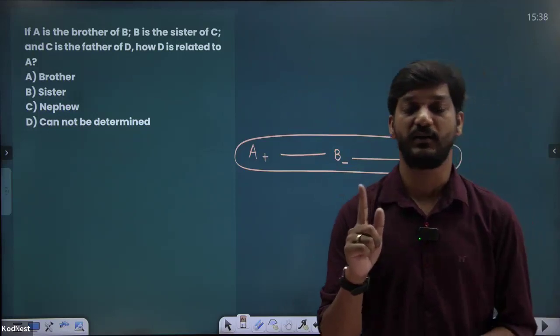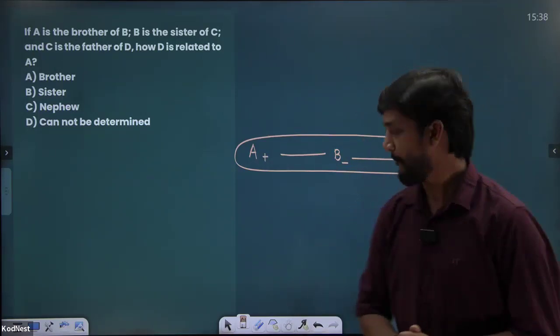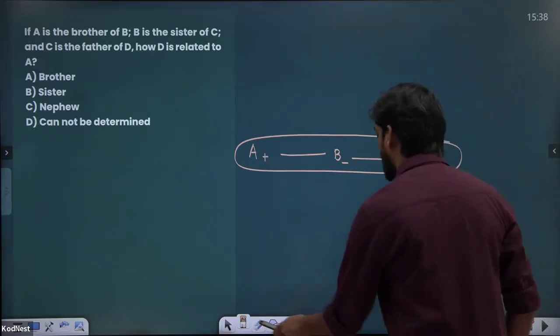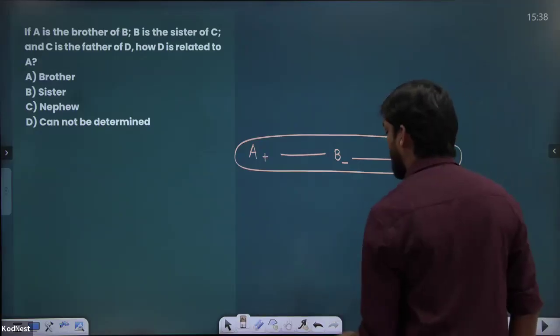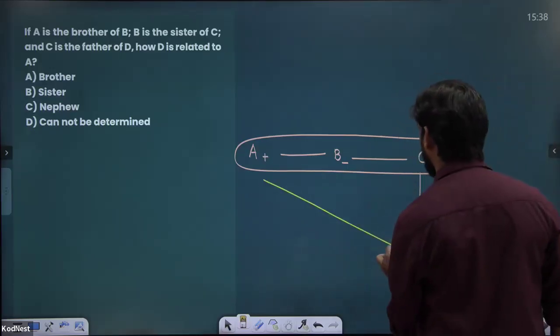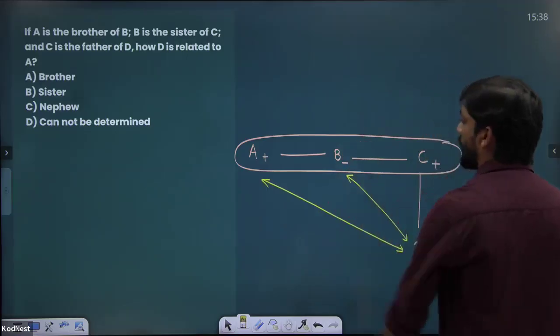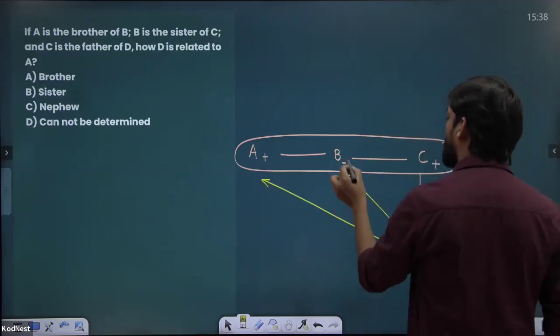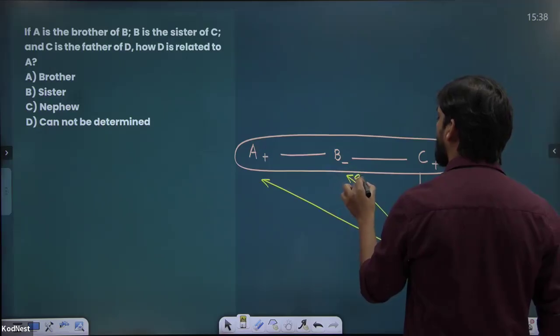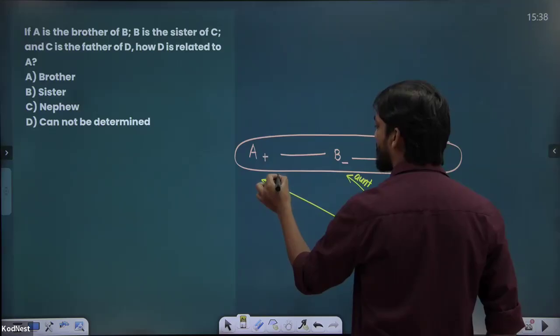So it will be uncle, aunt, nephew, niece relation. Okay, so this is a female person, so I will say B minus is the aunt. And this is a male person, so I will say this is uncle.